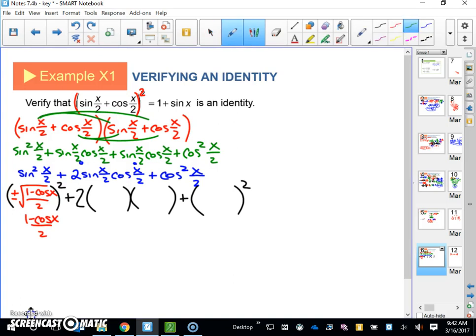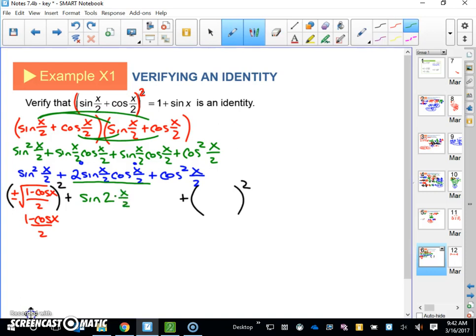So then I've got 2 sine. Okay, wait a minute. I'm not going to use half-angle identities here. I've got 2 sine x over 2 times cosine x over 2, and that looks like the double angle formula for sine. Okay, this is the double angle identity for sine. Normally it would be 2a, but our angle here is x over 2.